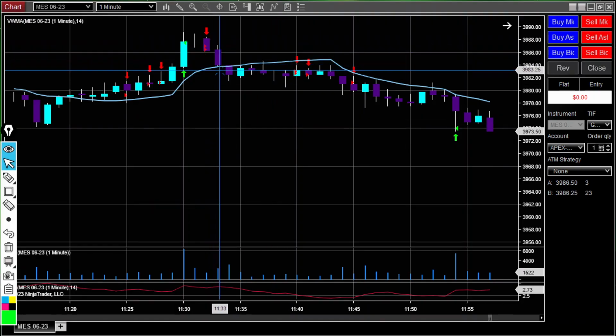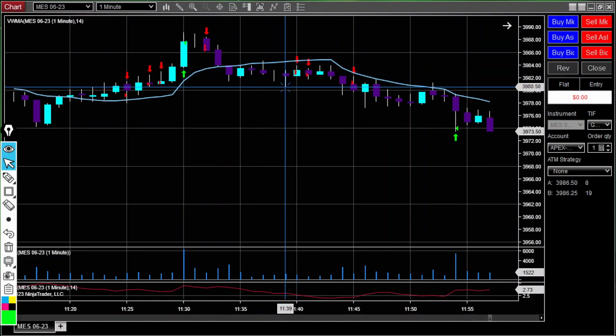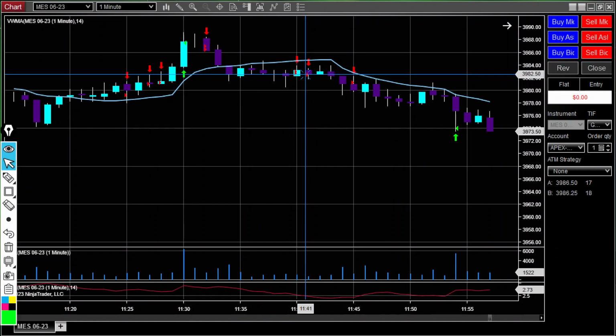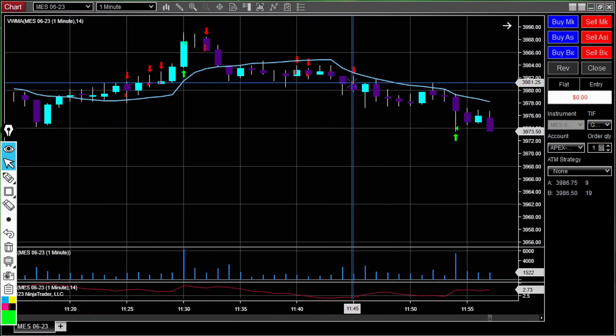As we're breaking down, we had the retest right here after we broke down to 39.8050 at around 11:39, pulled back up here, so I entered some shorts again at 39.83. The last one here was at 39.8250, and then I added to the position here at 11:45 at 39.81.